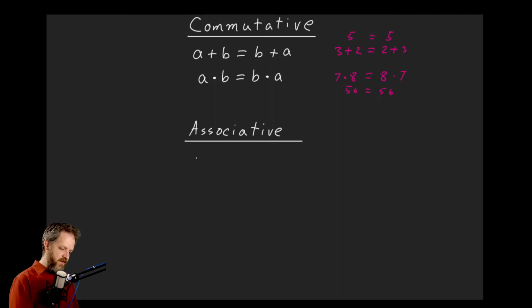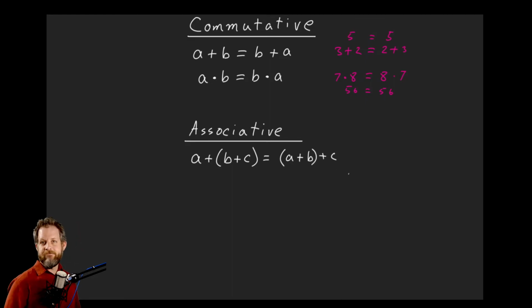And it says A plus B plus C equals A plus B plus C, with the grouping changed. So we can group those numbers in different ways and it still works. We can group the B and the C together or the A and the B together and it works out the same way. So let's do an example.